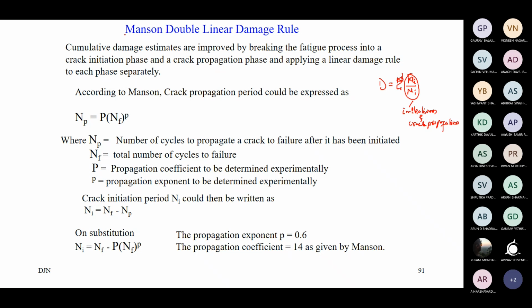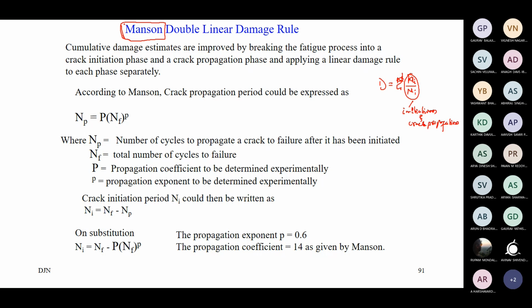So Manson has taken advantage of the basic postulate of the linear rule, and from there he has used this same linear rule to take the cycle ratios in two steps. One is the cycle ratio to cause the crack initiation, and the other is the cycle ratio of the crack propagation time. This is the Manson theory.